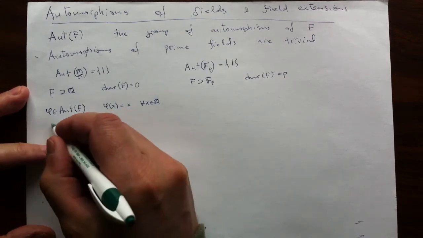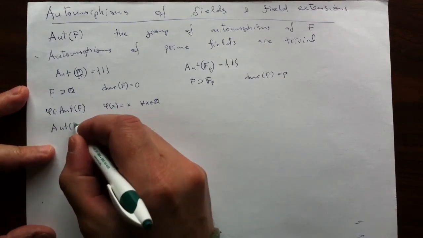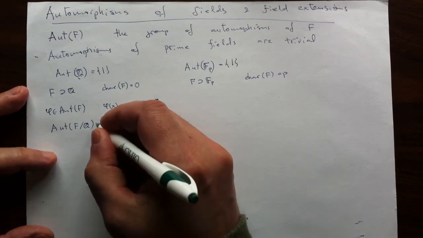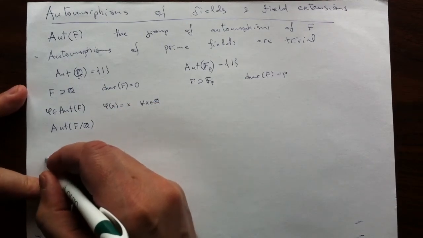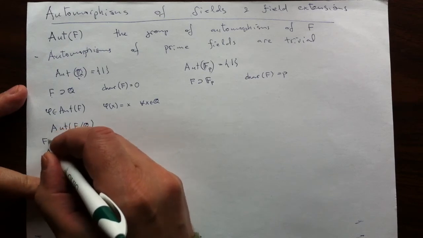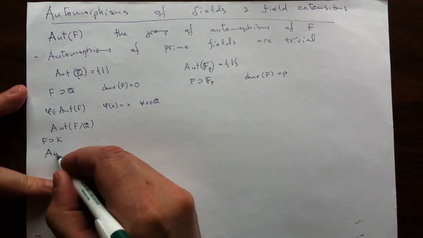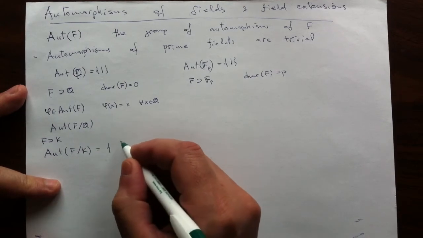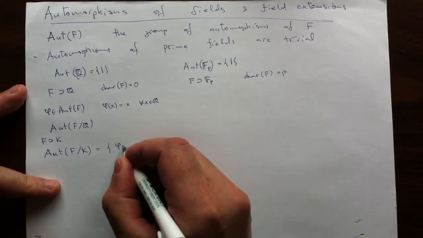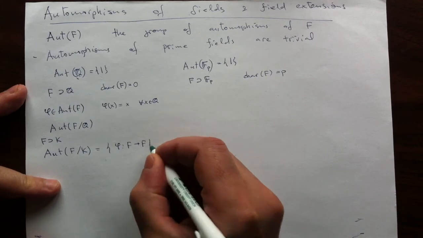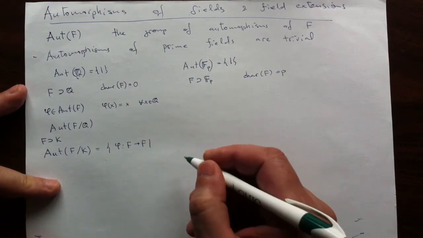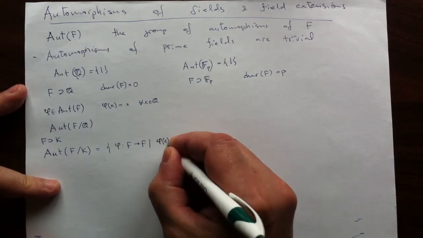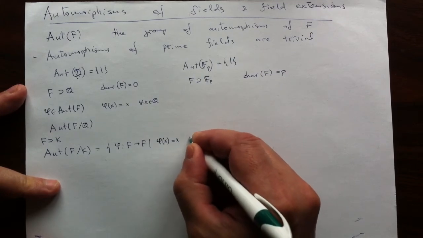And that is what is usually called the automorphisms of an extension of F extending Q. So by the definition, if we have an extension, say F extending a smaller field K, the automorphism group of this extension is just a subgroup of all automorphisms of F. So there will be some automorphisms, and the defining condition which allows us to keep automorphisms in this subgroup is that the restriction to the subfield will be identical.